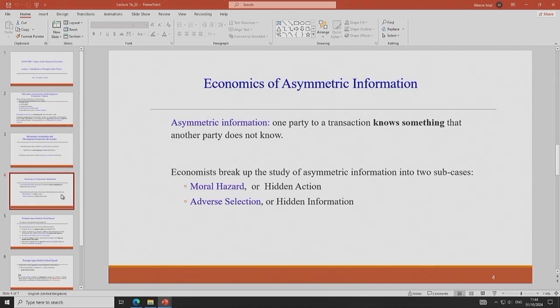Now, in the case of adverse selection instead, the type of information which is hidden is the information about the agent. What does that mean? Think about a hiring process. I got two CVs, and I'm going to look at the CVs and decide on the basis of the CVs which candidate I'm going to hire. Now, the problem is that we will say that the CV is an imperfect signal of the quality of the candidate.